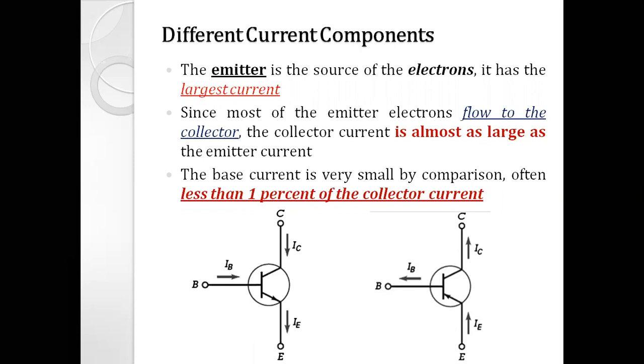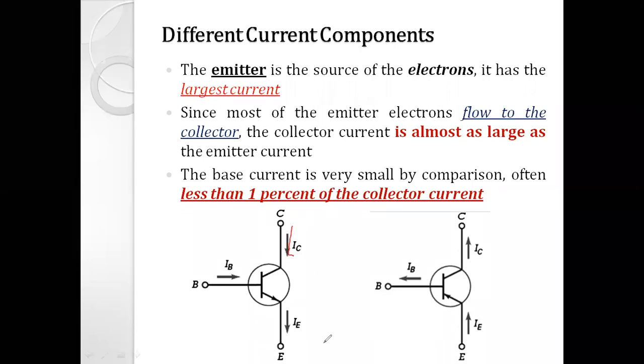Each current corresponds to each terminal. So when the transistor is of NPN type, the conventional directions of the current are shown here in the diagram.